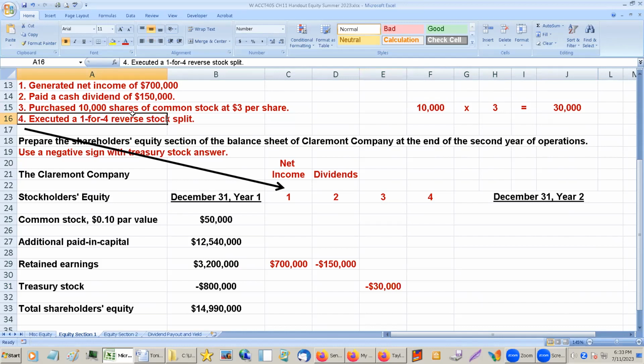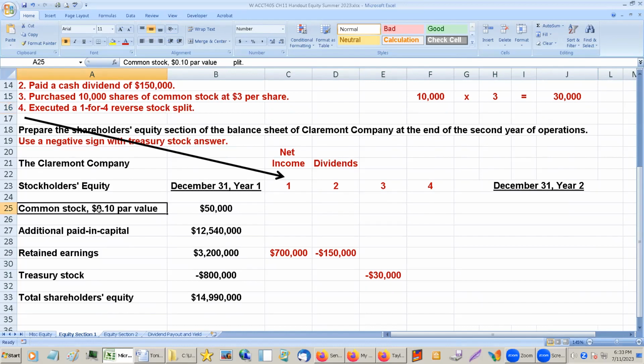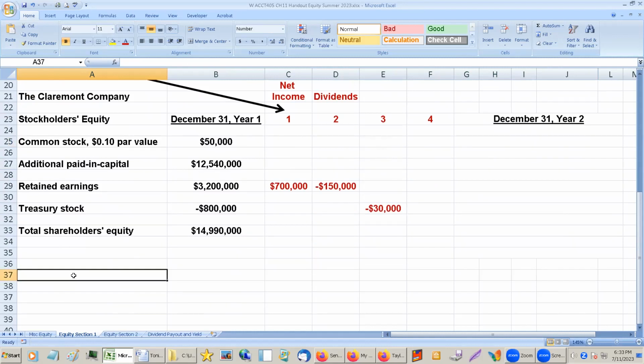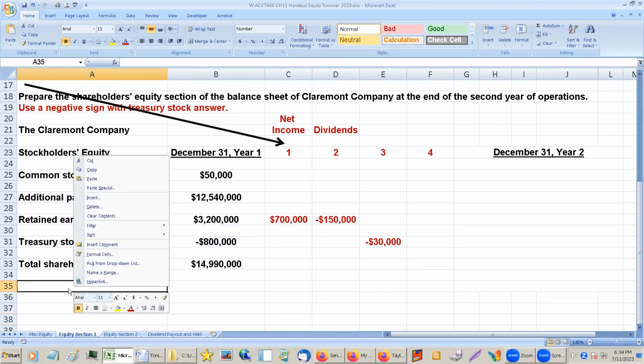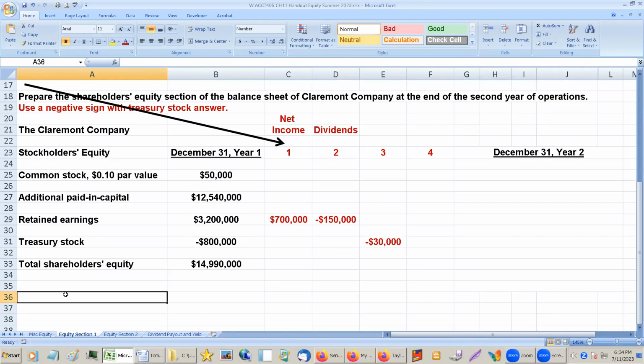Executed a 4-for-1 stock split. That is actually not going to have anything to do with our financial statement, and I'll show you why.